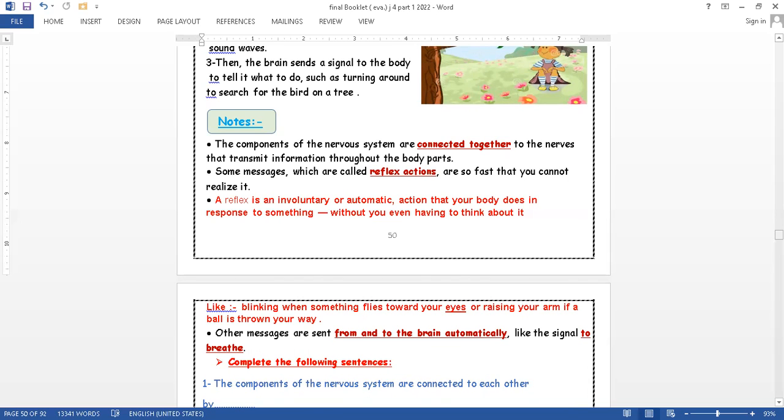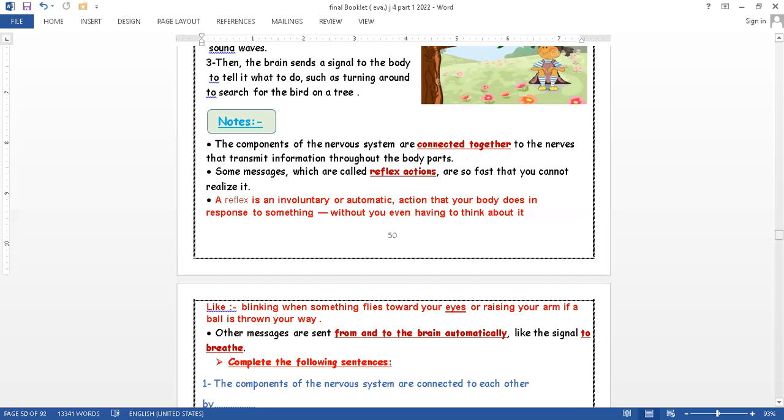Like what, Junior 4? Like blinking your eyes when something is near to your eyes. You will blink without thinking about it.